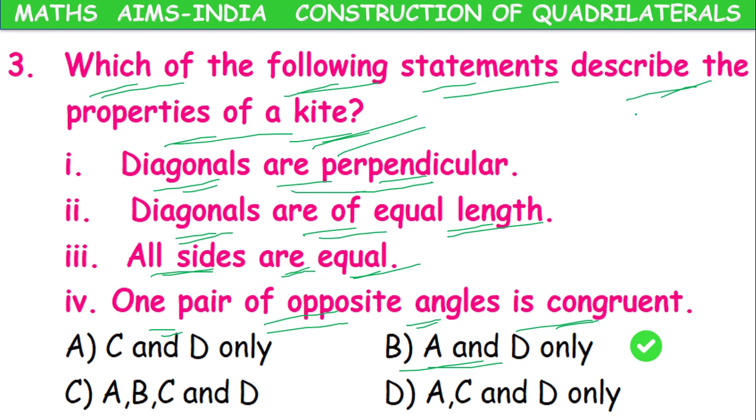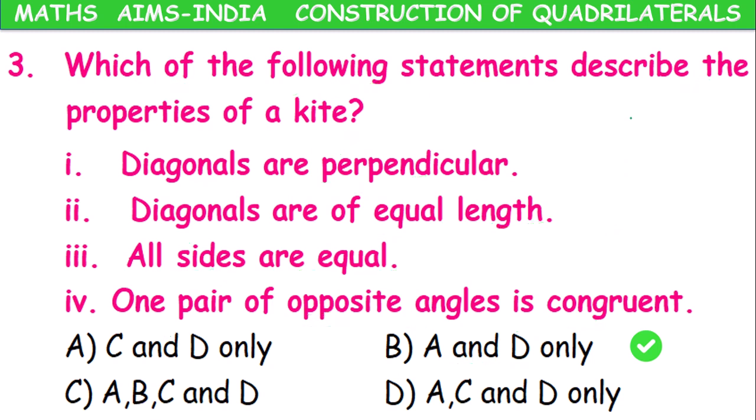So, this is the kite. In the kite, diagonals are perpendicular.